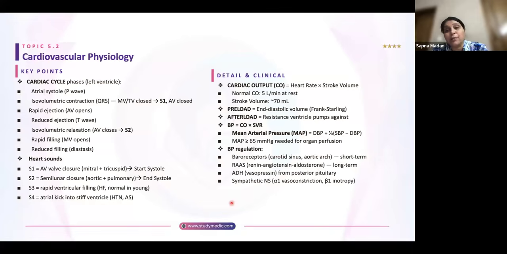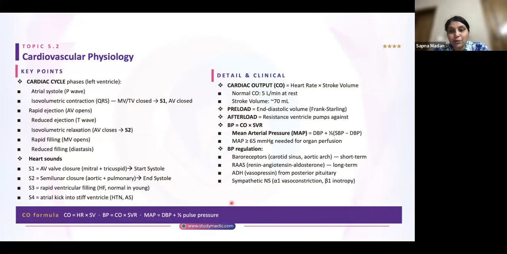ADH is secreted from the posterior pituitary, and this is an anti-diuretic hormone, so it prevents diuresis. It will cause water retention. It will build up the blood volume, and therefore it will build up the blood pressure. And the sympathetic nervous system acts through alpha-1 vasoconstriction and beta-1 inotropy.